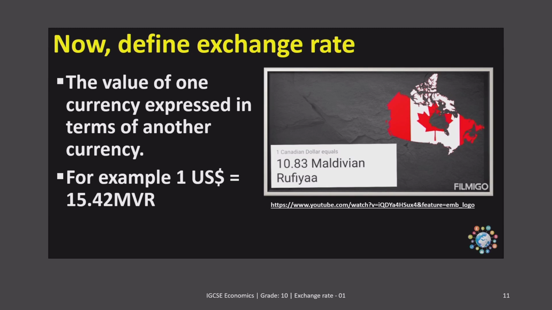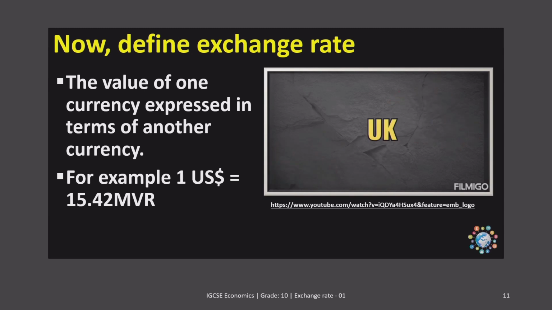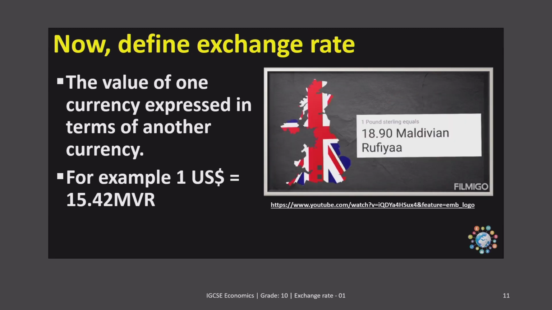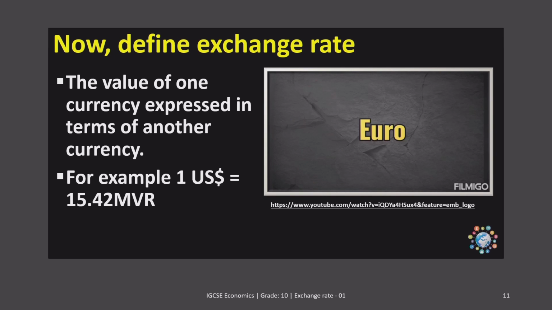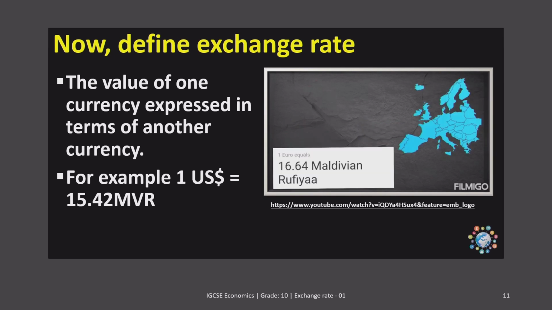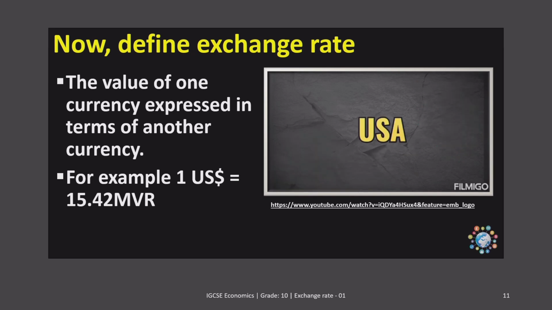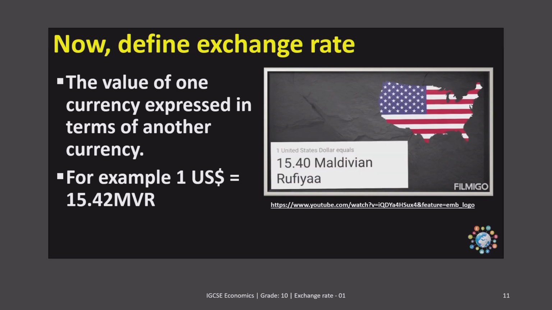In UK, it's 18.90 Maldivian rupiah. 1 pound is equal to 18.9 Maldivian rupiah. Euro, the currency of Europe, 1 euro equals 16.64 Maldivian rupiah. USA, as we all know, it's 15.40 or 15.42 Maldivian rupiah.